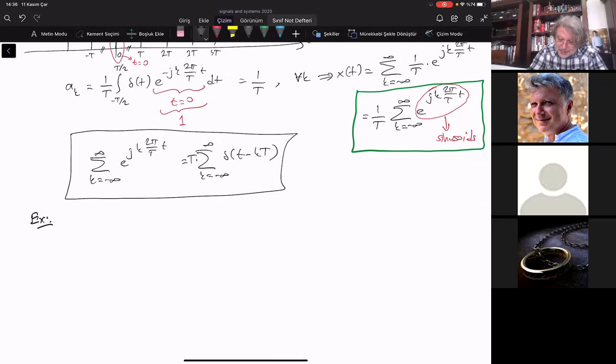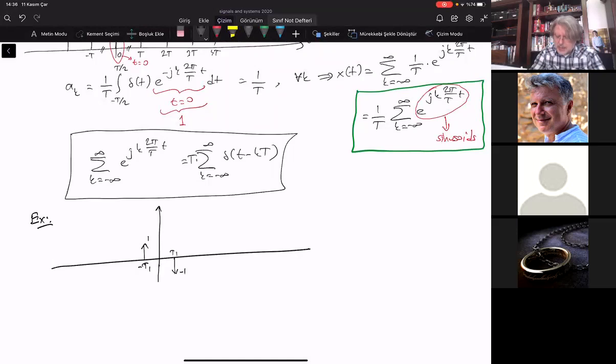What I'm trying to say is actually this signal. We have 1 as the impulse here at minus t1 and negative 1 at t1.